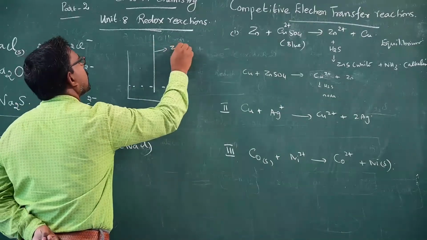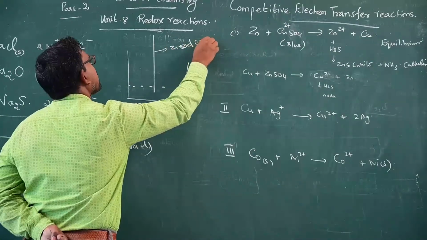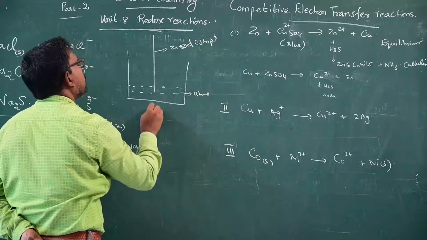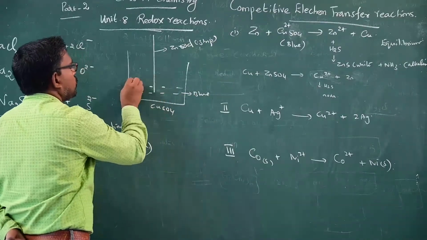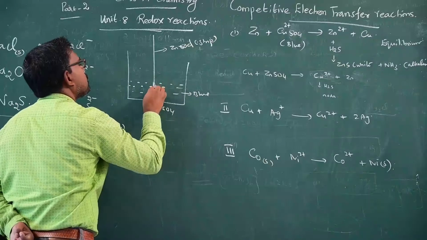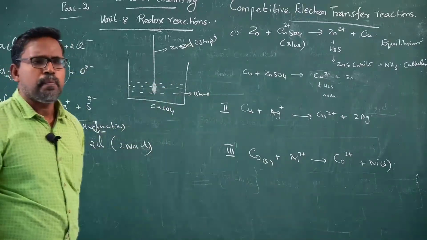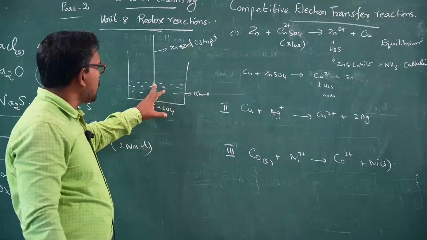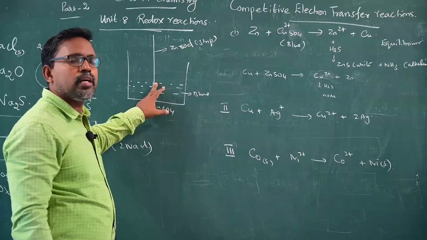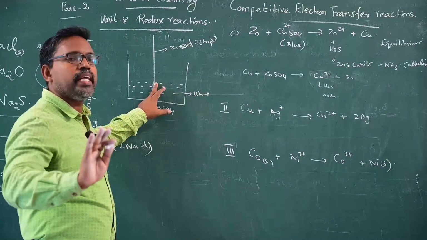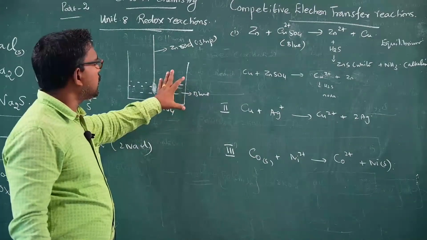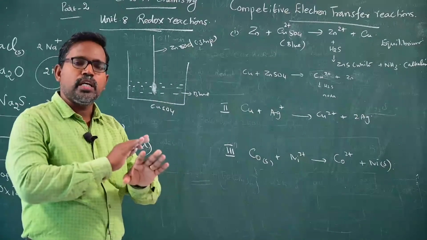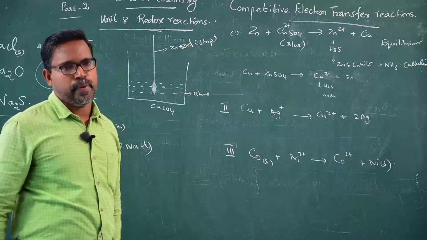This is the zinc rod or strip dipped in the blue colored solution of copper sulfate, with only this part immersed in the solution. After some time, say 1 hour or 2 hours, the dipped portion of the zinc rod becomes brown in color, and the blue color of the copper sulfate solution totally disappears.